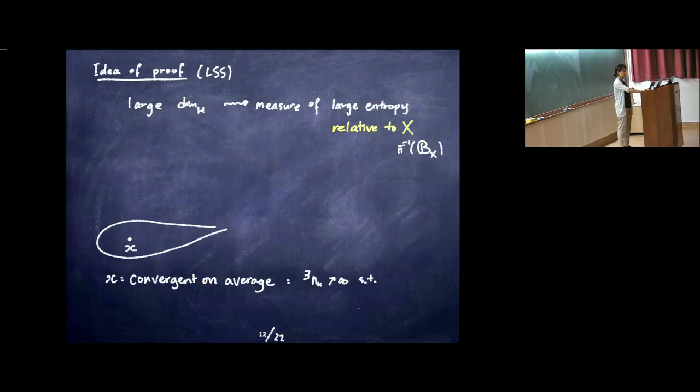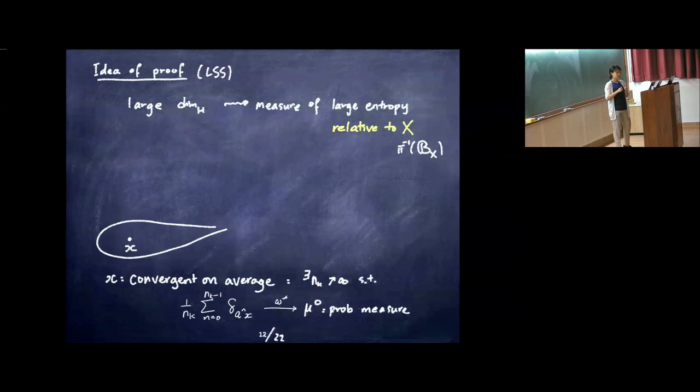What it means is that there exists some subsequence n_k going to infinity such that if you look at the diagonal orbit and take the average of delta measures on it, it will go to a weak-star limit, a probability measure, which we'll call mu zero.